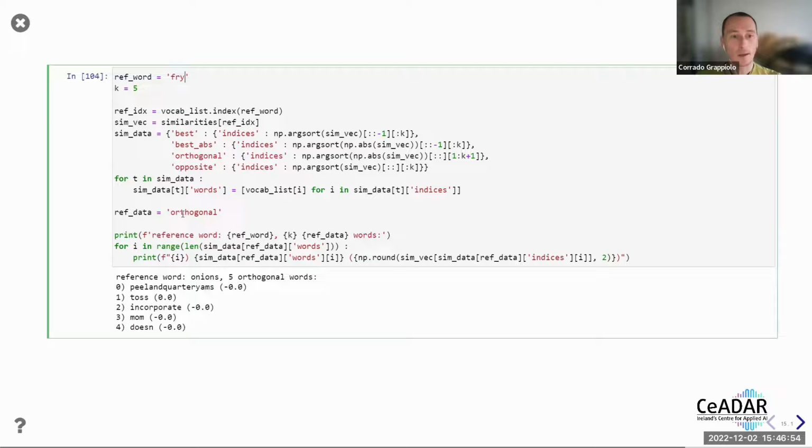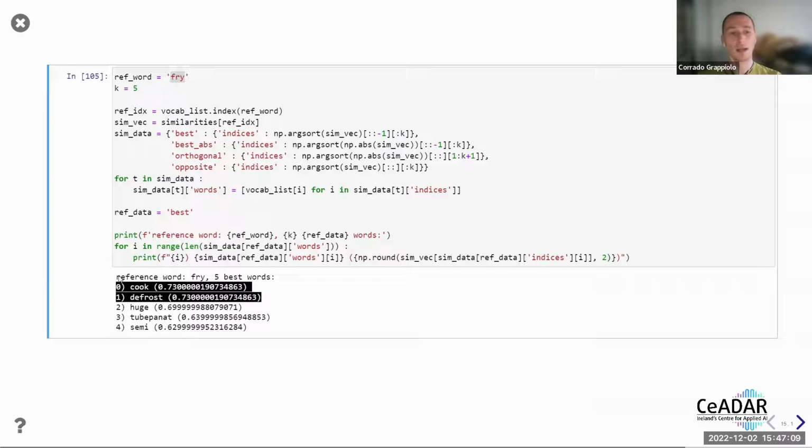So we can go and look at the most similar words to fry, and you can see that we obtain verbs related to cooking. So cook, defrost, there's huge, there's semi. If we want to stop at the 2 highest, k equal 2, we would get these 2 verbs.